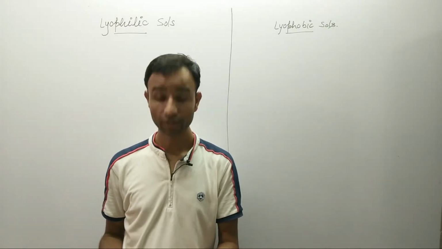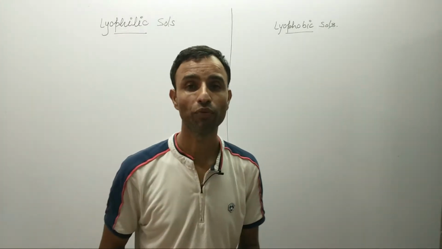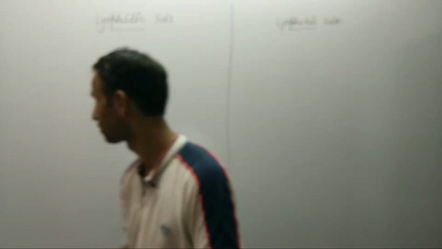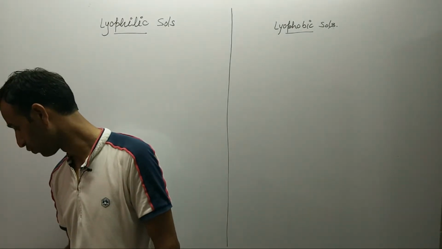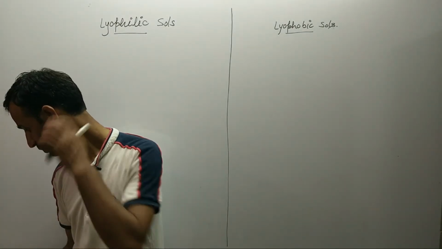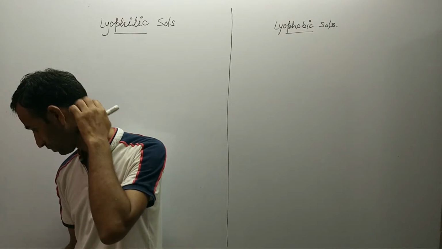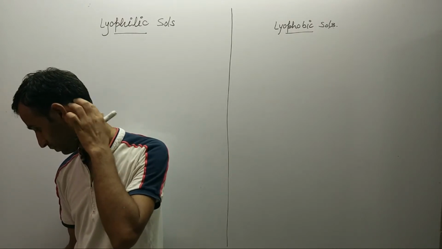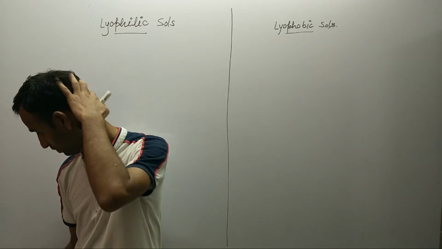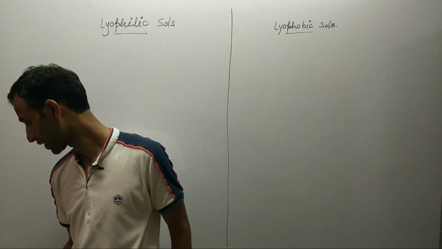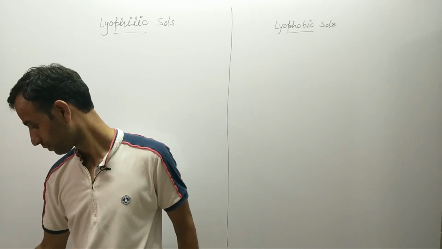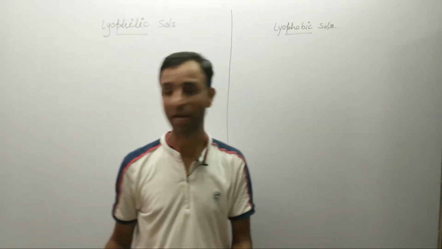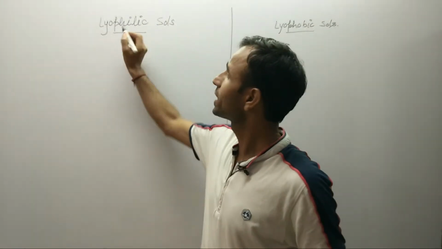Fast, beta, fast. What do you mean by philic? I am expecting from you. Yes, attraction. And phobic means repelling.